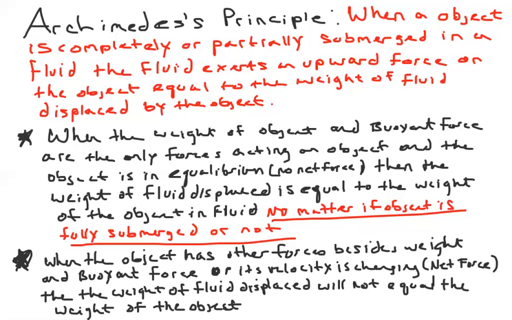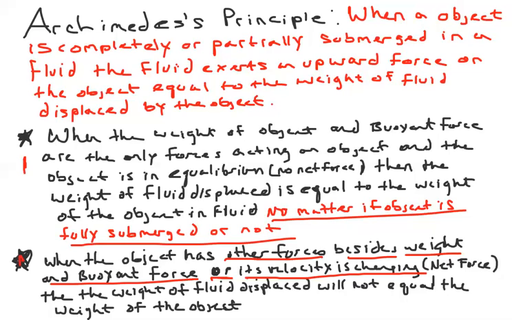If it has tension, or other forces, literally other forces besides weight and the buoyant force, so if it has those two forces plus more, or its velocity is changing, which means it's speeding up, slowing down, or changing direction, which means there's a net force on it, then the weight of the fluid displaced is not equal to the weight of the object. So that's when it's not.